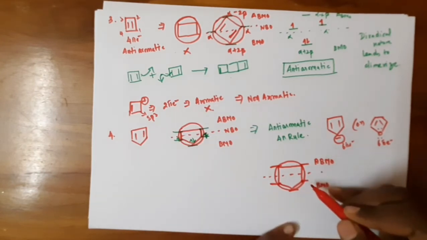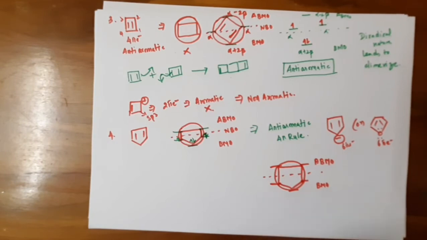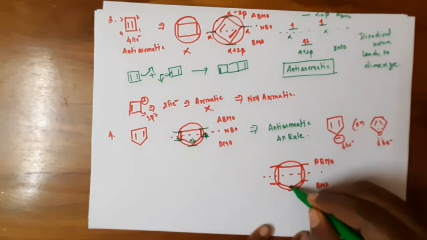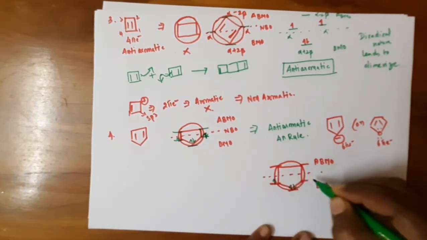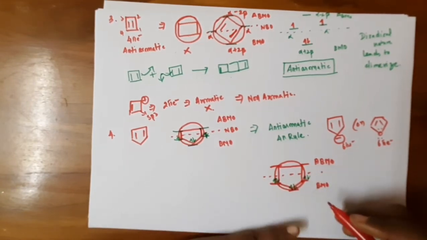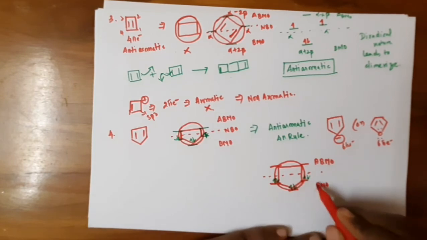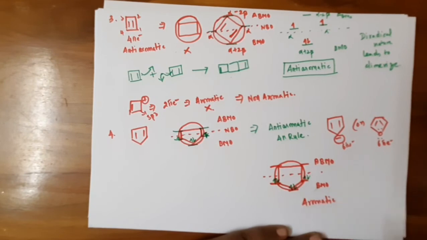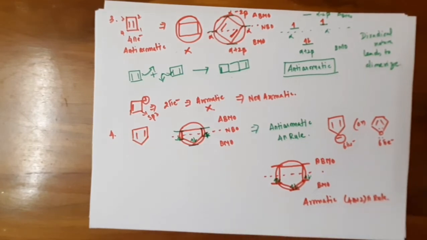In the bonding molecular orbitals, totally it has 6 pi electrons, so 6 pi electrons are here. Hence it has fully filled orbitals, hence it is aromatic with 6 pi electrons. So it obeys the 4n plus 2 pi rule, hence it is diamagnetic. So both the compounds obey aromaticity, hence it is aromatic.